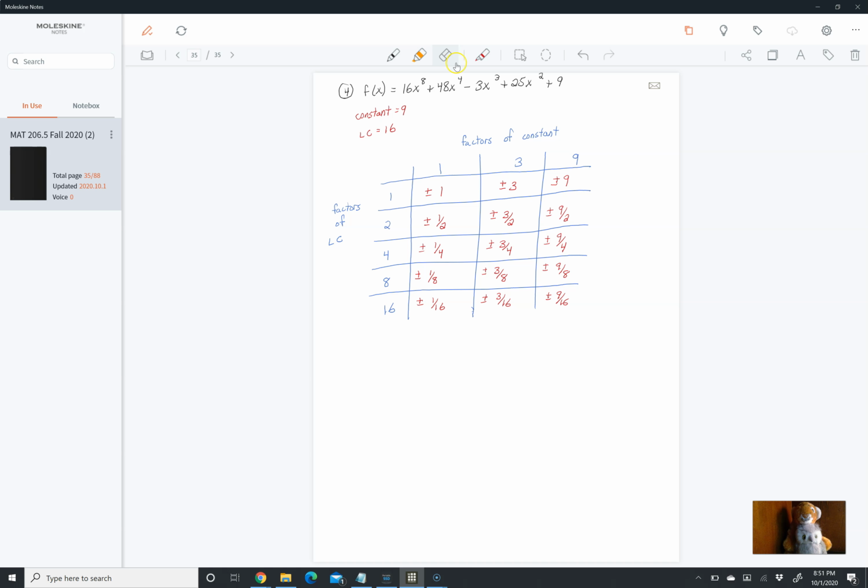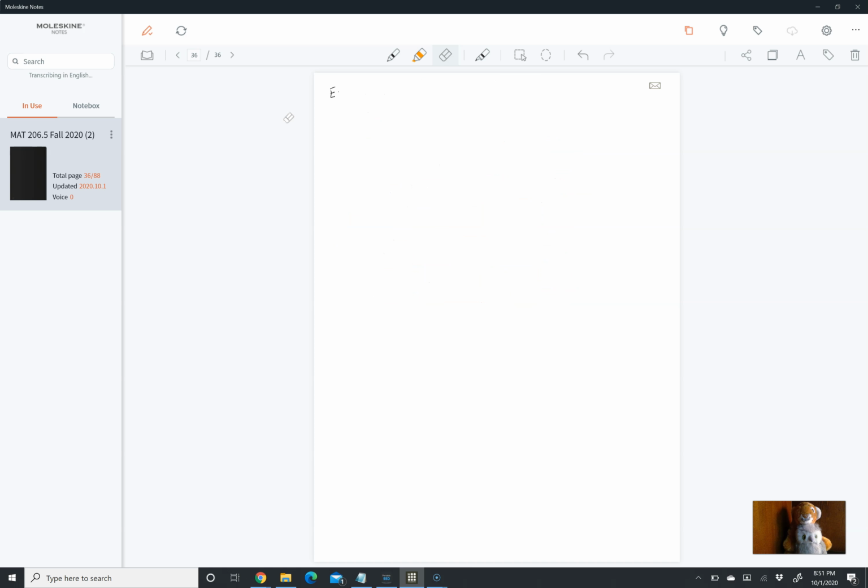So I'm going to write the whole problem down, and then we're going to go through it piece by piece. So example 1, and this kind of puts together everything that we've been talking about in polynomials, most of what we've been talking about.